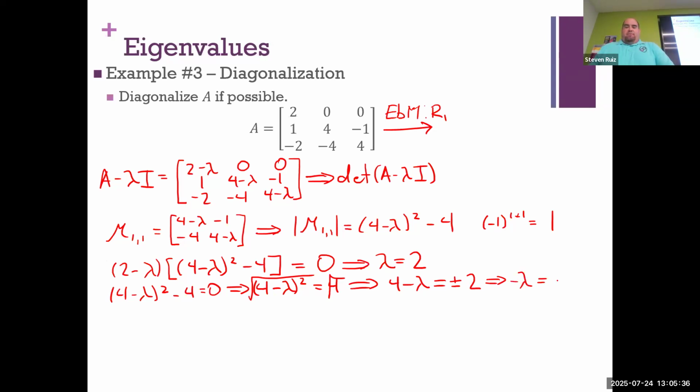So minus lambda equals minus 4 plus or minus 2. All that work to give me lambda equals what? 6 and 2.